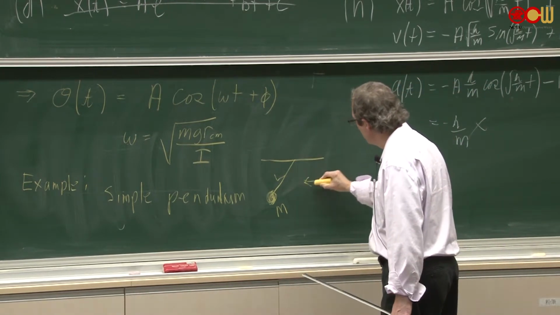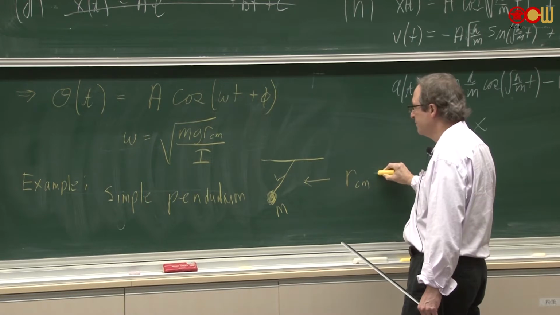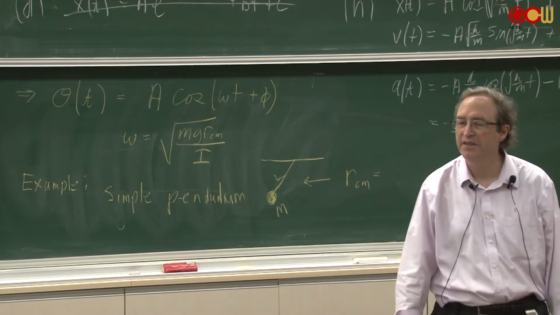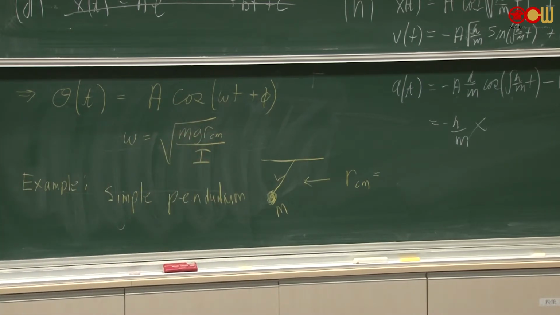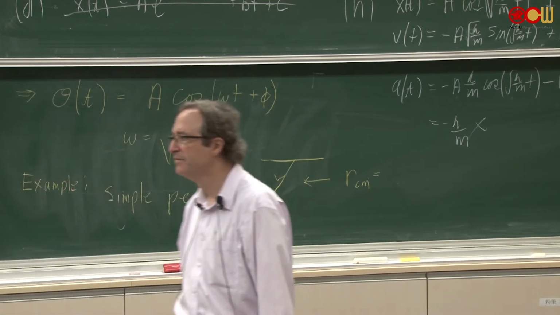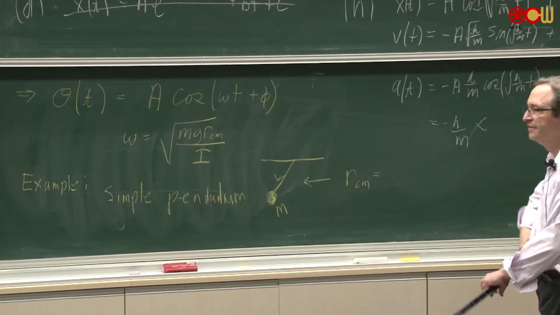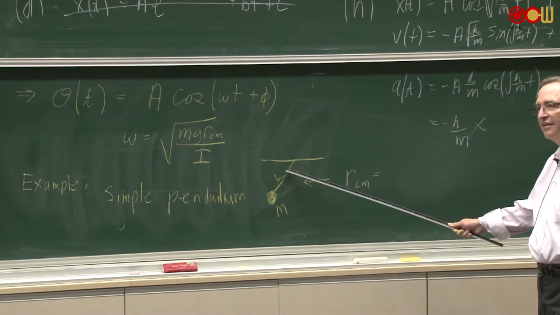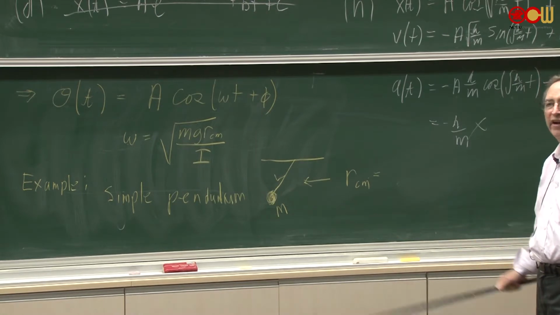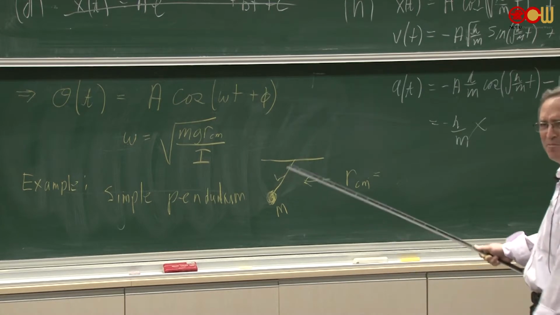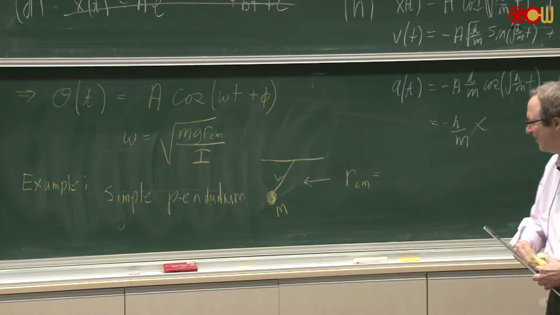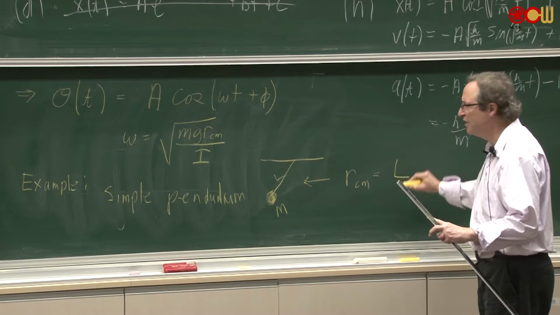In this case, what is our center of mass? Where is the center of mass? Is it here? Is it here? Is it here? Where is it? It's at the bob or ball. All right? For some reason, they call this a bob. I don't know why. So our r center of mass equals L.